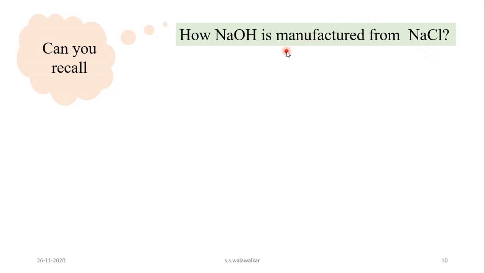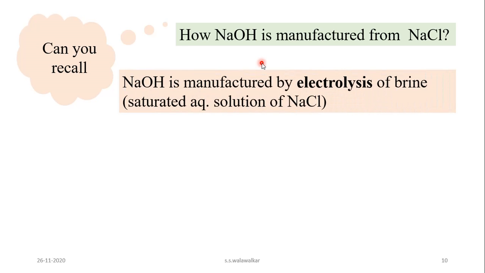Now NaOH is a very important, industrially important compound, and it is used in the preparation of soap, detergent and paper. It is manufactured by the electrolysis of brine. Brine is a saturated aqueous solution of NaCl.